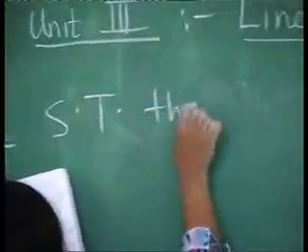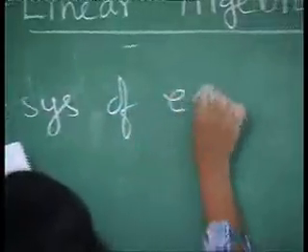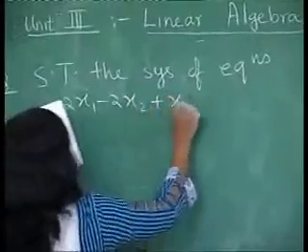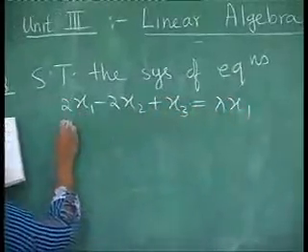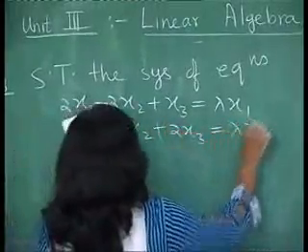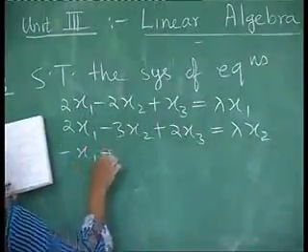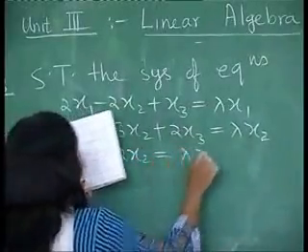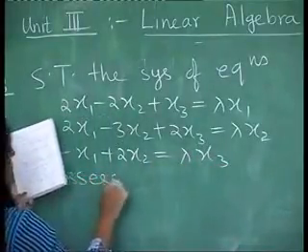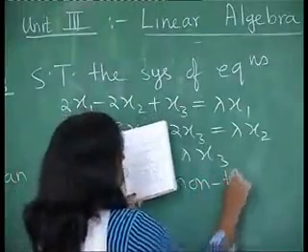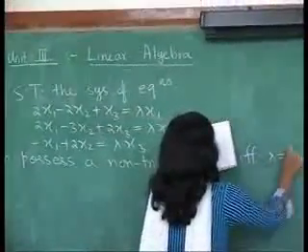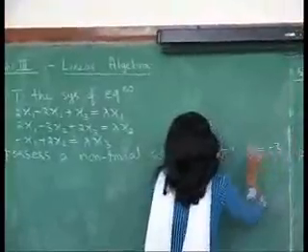Show that the system of equations 2x1 minus 2x2 plus x3 equal to lambda x1, 2x1 minus 3x2 plus 2x3 equal to lambda x2, minus x1 plus 2x2 equal to lambda x3 can possess a non-trivial solution if and only if lambda is 1 or minus 3.